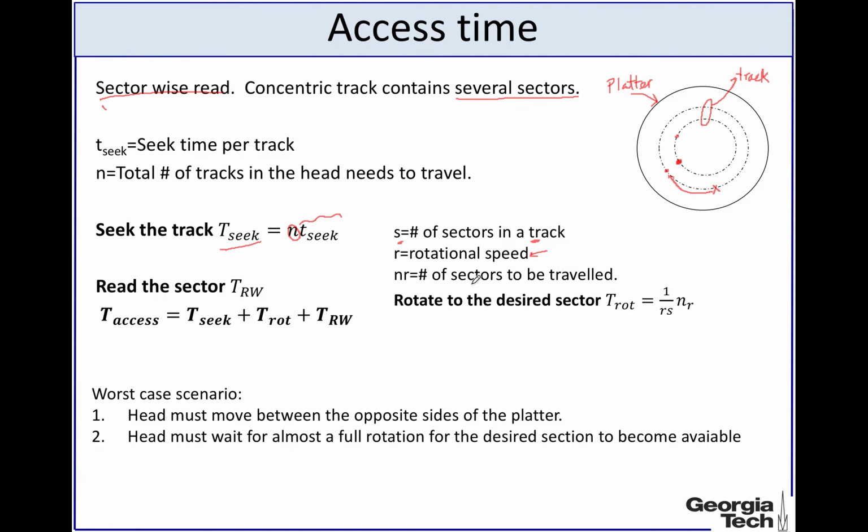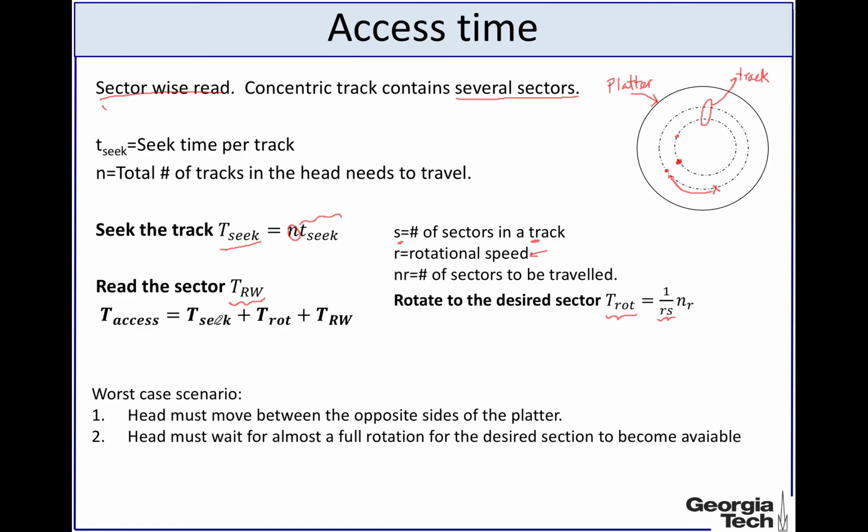So the amount of time required such that the desired sector location comes under the head is T rotational, and this is given by N_R over R multiplied with S. Once the desired sector comes under the head, you need this amount of time, T_RW, T read write, to read the entire sector.